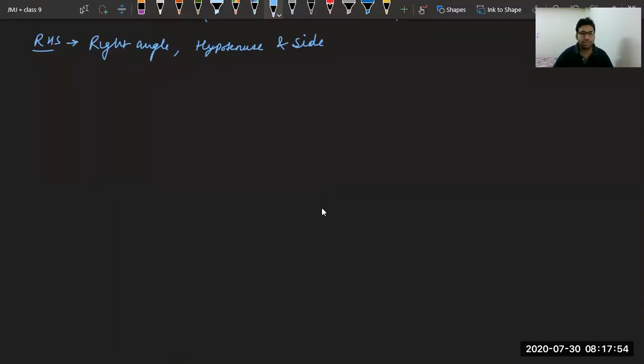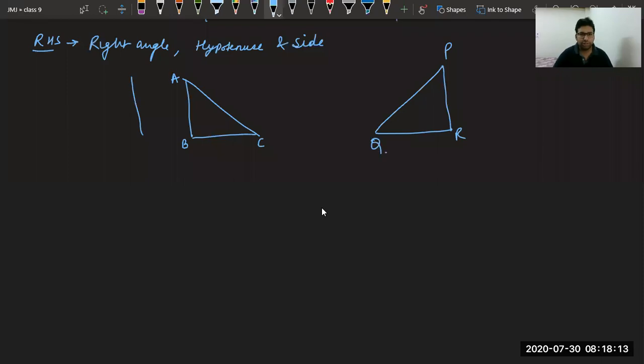Okay. Now, same thing, if you have two right angle triangles like this, suppose A, B, C, and P, R, Q, where angle B is right angle and angle R is right angle, and given to you is, first thing, AC equal to PQ, any side, suppose AB is equal to PR, and angle this one, suppose I name it as small b and this as small r.